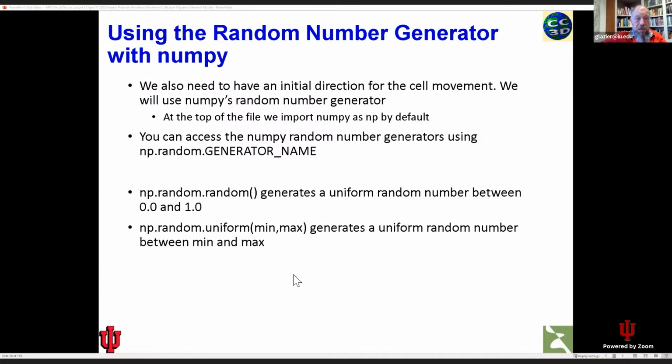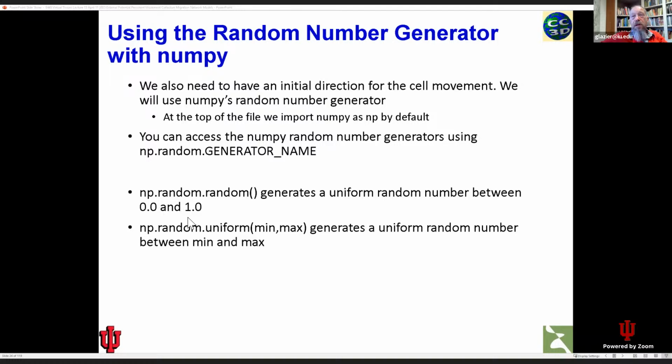Computational, the current release, loads NumPy as NP by default. If you're using an older version of Computational, you may have to load NumPy as NP to have access to that library. And NumPy has a variety of random number generators, rather too many.